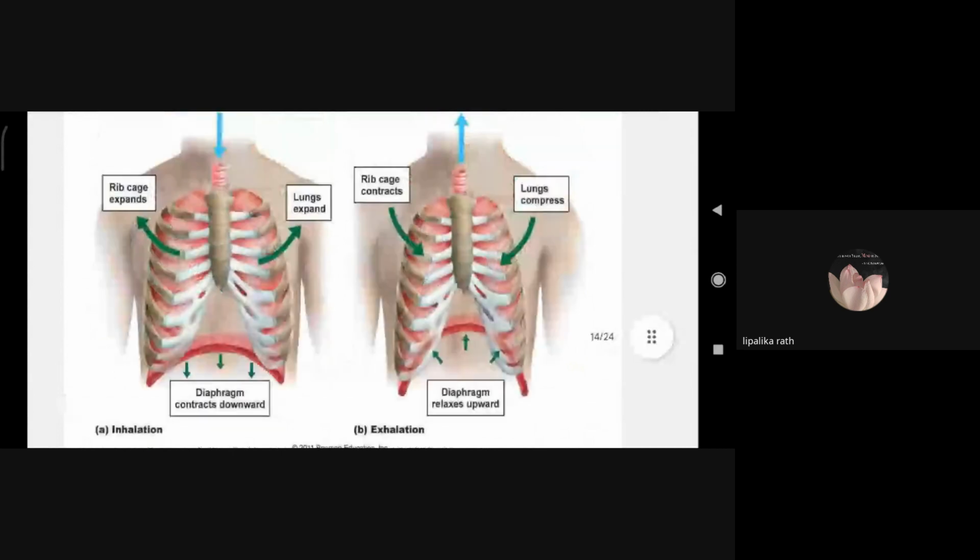The rib cage has cartilage, that's why. Yes, very good. The rib cage is joined with the sternum by hyaline cartilage. These cartilages are soft connective tissue, so they allow the movement.